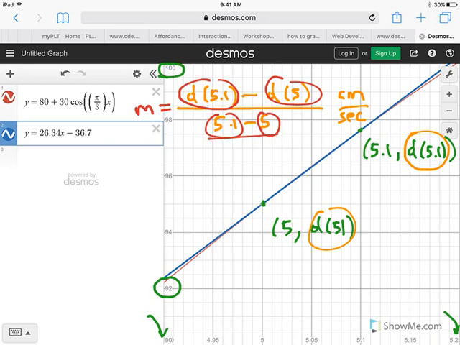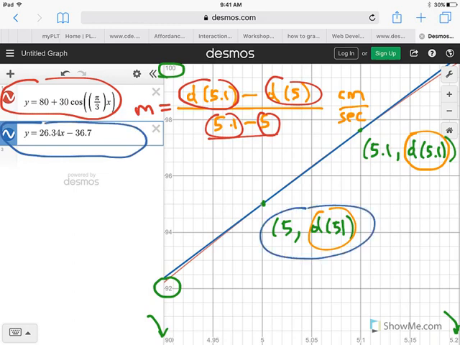So in fact, you see here the original graph of the function d, which is in red, and the blue graph, which is the graph of the secant line passing through the 2 points 5, d of 5, and 5.1, d of 5.1.